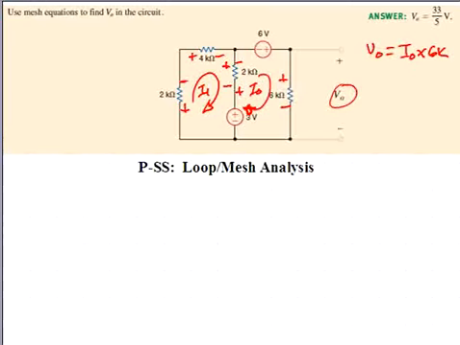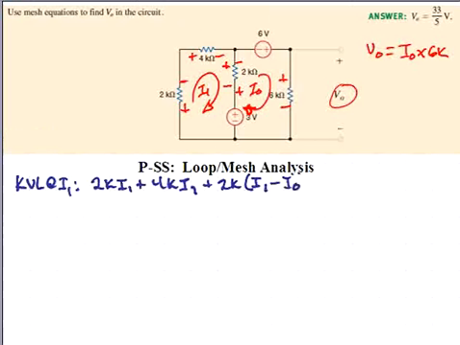So if we do a Kirchhoff's voltage law summation around the mesh I1, we'll have 2K I1 plus 4K I1 plus 2K times the difference of the two loop currents, I1 minus IO, plus 3 volts equals 0.